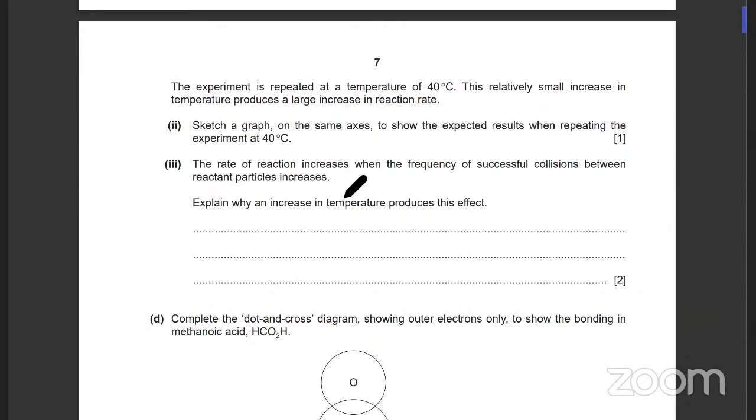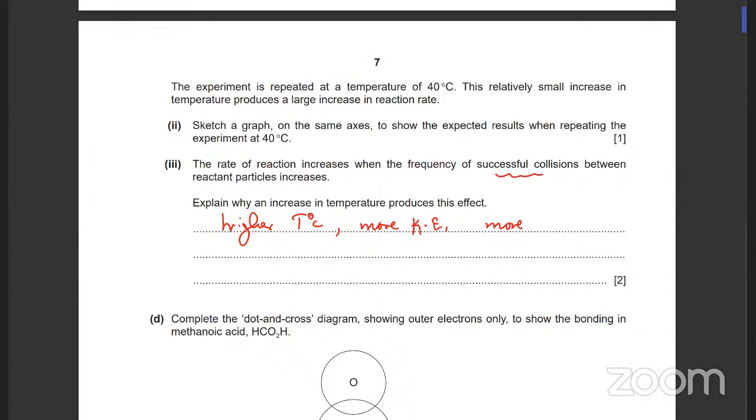Explain why an increase in temperature produces the effect. So at a higher temperature, you'll have more kinetic energy. And since you'll have more kinetic energy, there are going to be more particles, because you have to explain successful collisions as well.